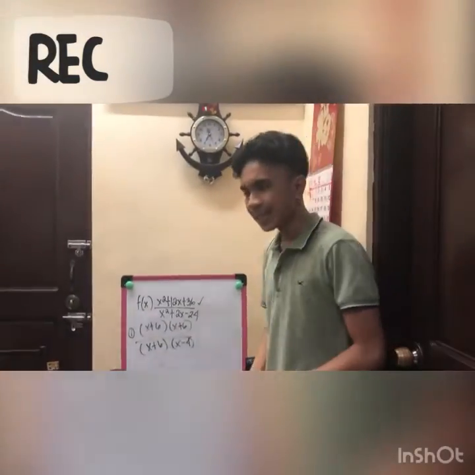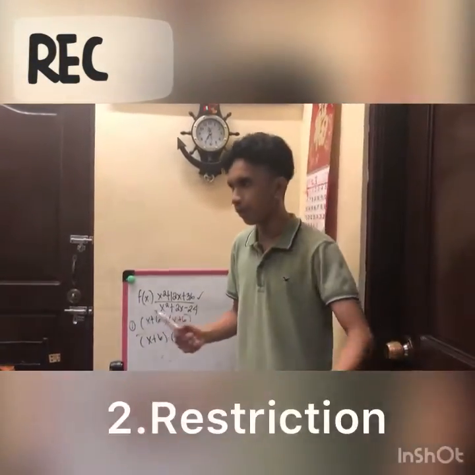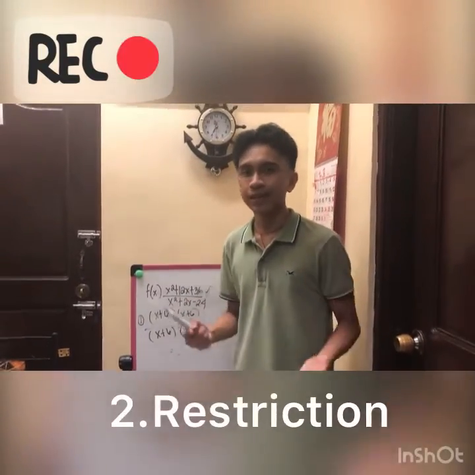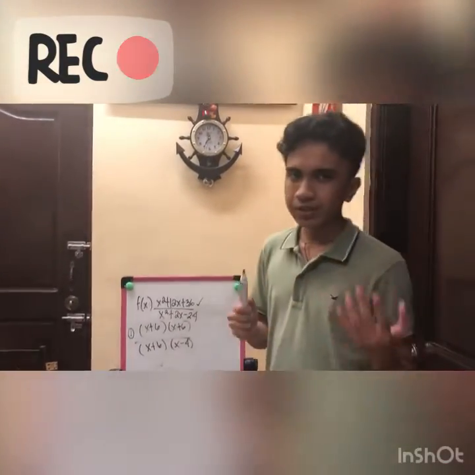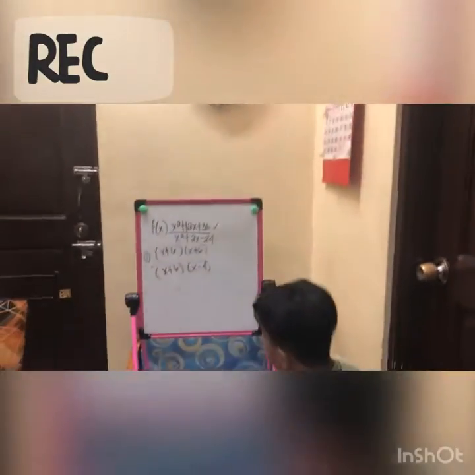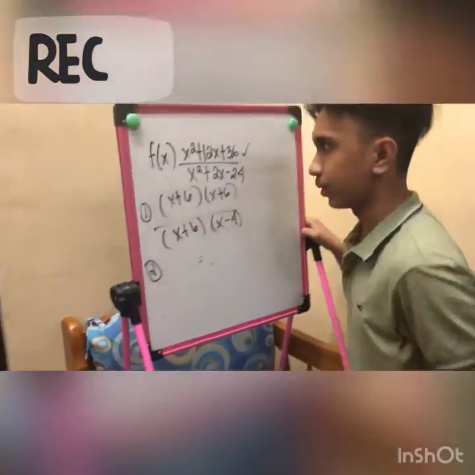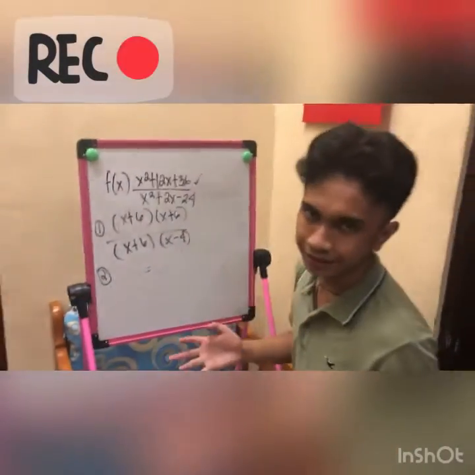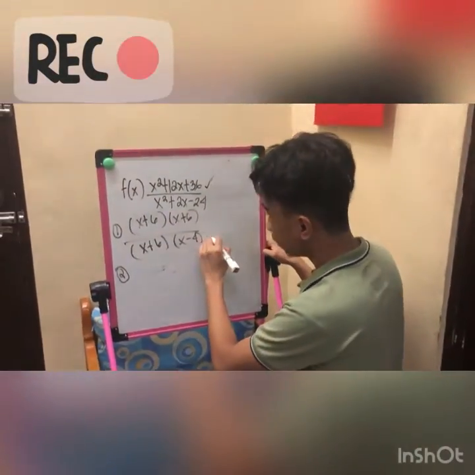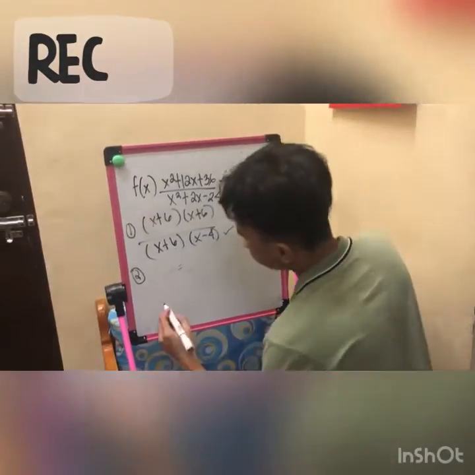Now for the second step, which is the restriction, remember the restriction can't be the answer. So in finding the restriction, we must equate them to zeros. So finding the restriction, denominator, remember that.